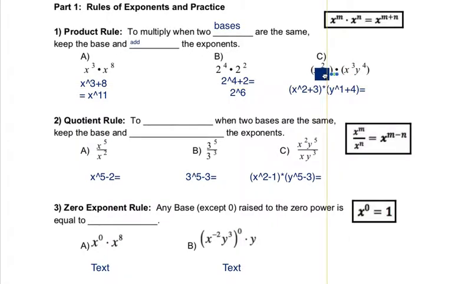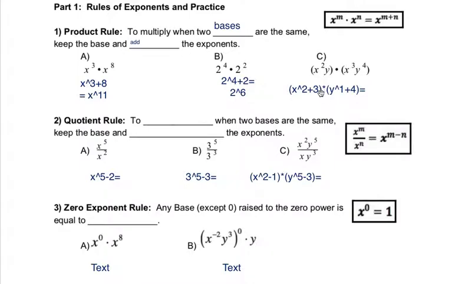I'm going to isolate that x squared and x cubed, so it becomes x to the 2 plus 3. And then I have y to the 1st power here times y to the 4th power here, so it becomes y to the 1 plus 4. So I'm just combining like terms here and adding the exponents with the same bases.